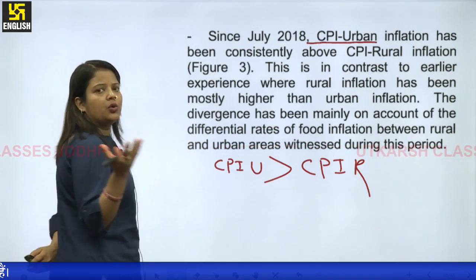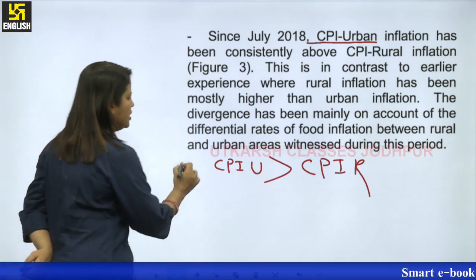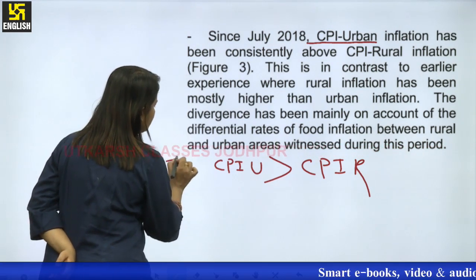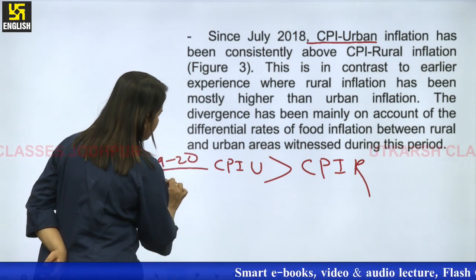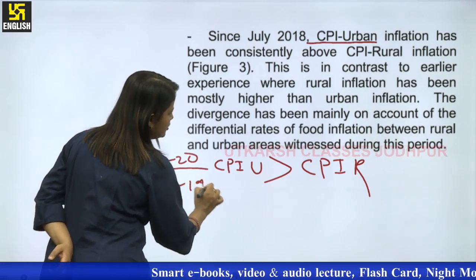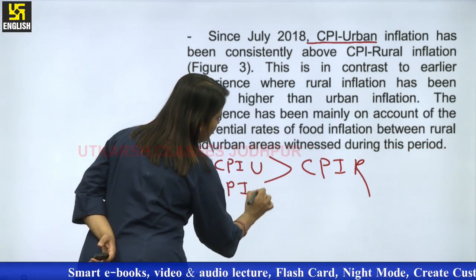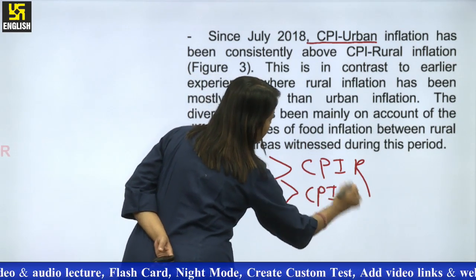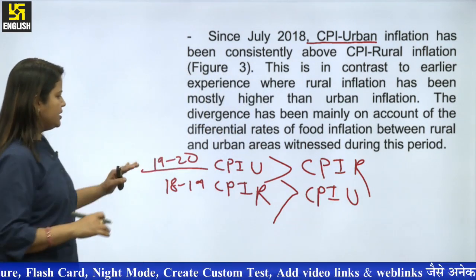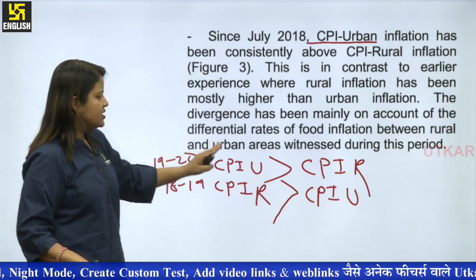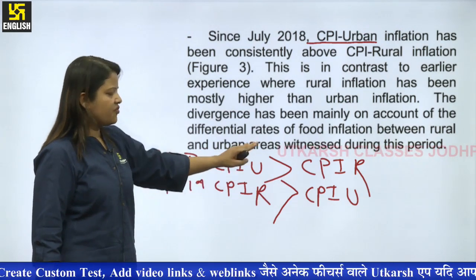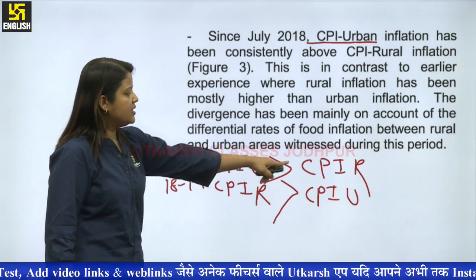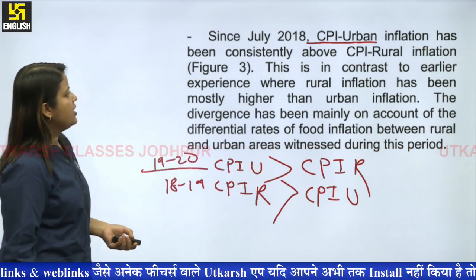Before that, during 2018-19, the CPI rural area was always greater than the CPI urban area. But during 2019-20, the consumer price index of the urban area was higher than that of the rural area.